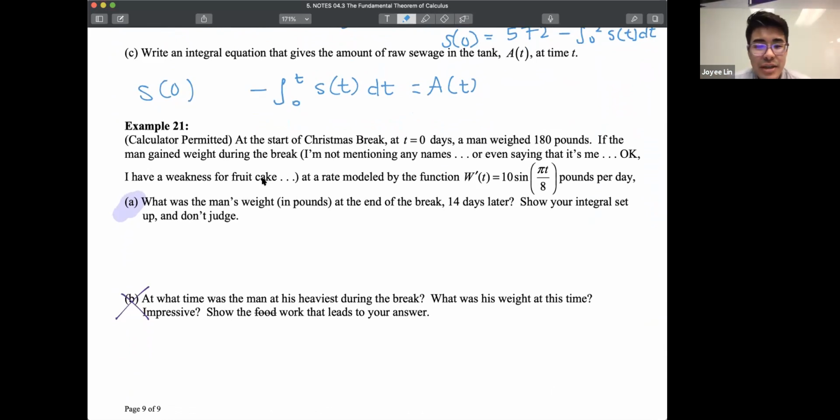One more idea here, very straightforward, right? If you're given a function about a man gaining weight and it's given as a rate, what was the man's weight at the end of break 14 days later? How would you write this out using a complete sentence?